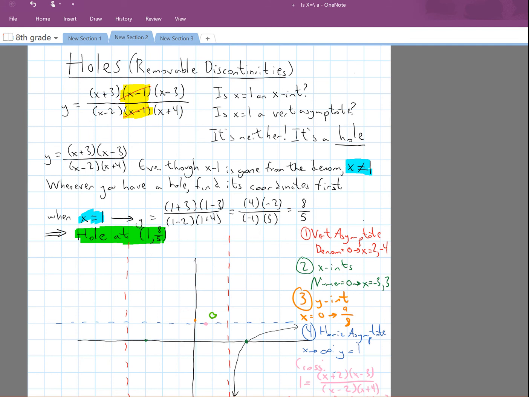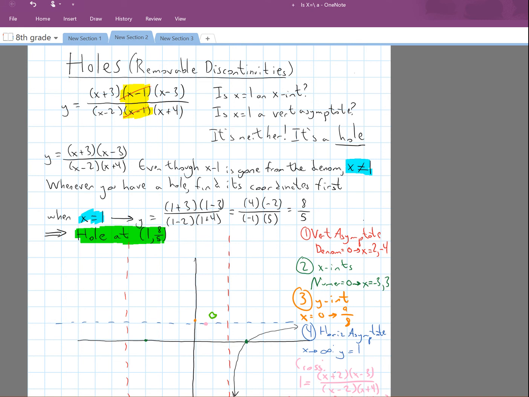That's unfortunate. No, the hole is at 1,8 I think, right? When x is 1, it's 4 times negative 2 is negative 8 over negative 1 times 5.